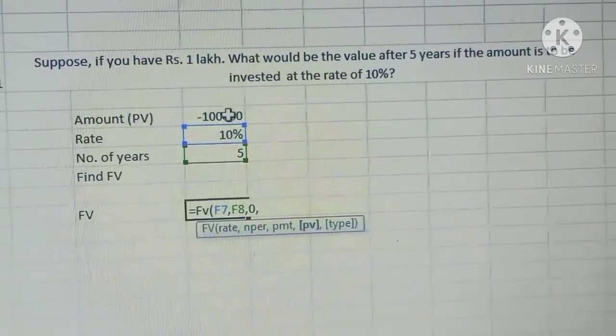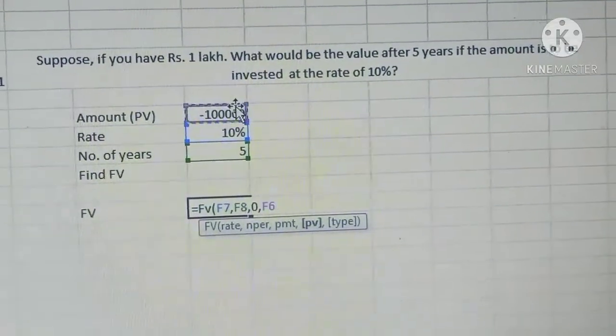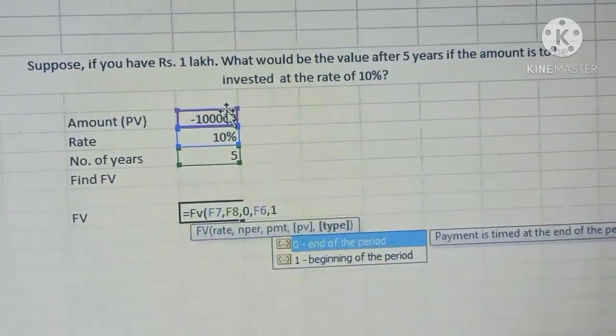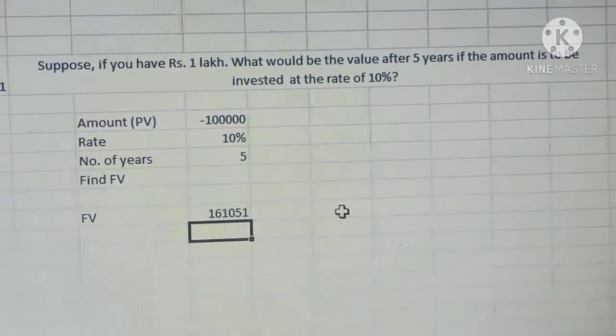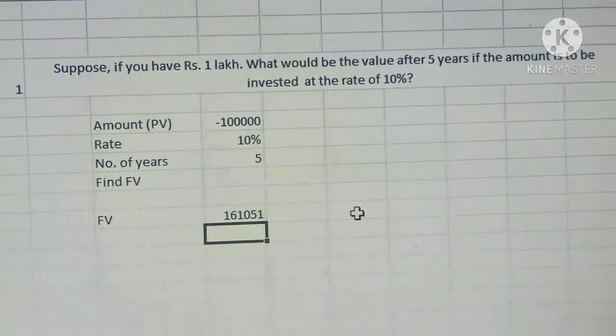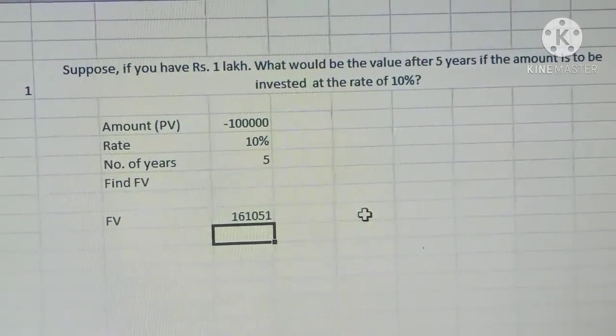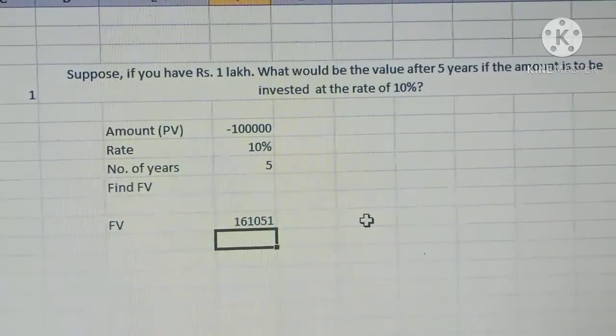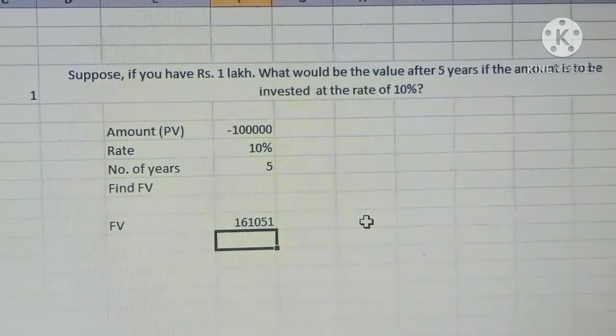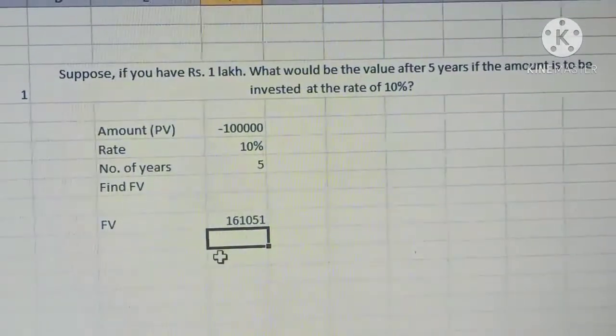Your PV is minus 1 lakh because the amount is going out and it's in the begin mode. So the value is 1,61,000. So if you invest 1 lakh rupees at the rate of 10% for the period of 5 years, then your value would be 1,61,000 after 5 years.